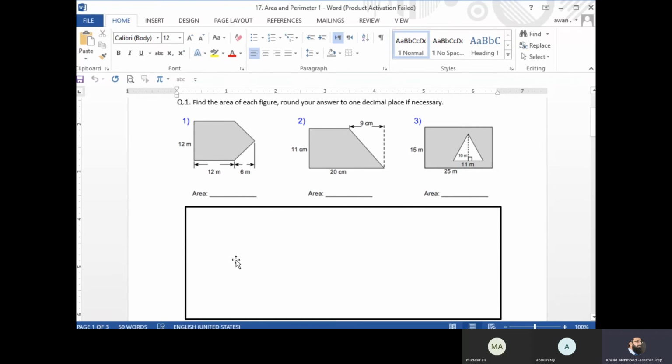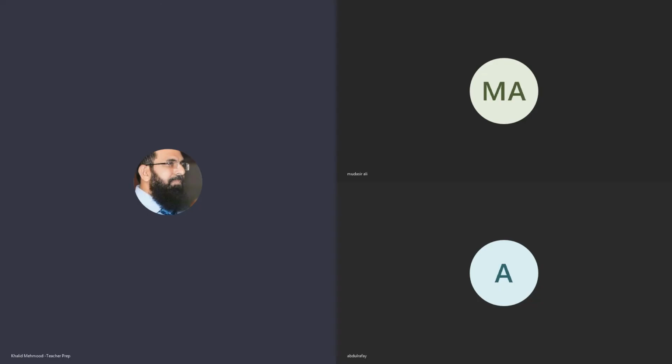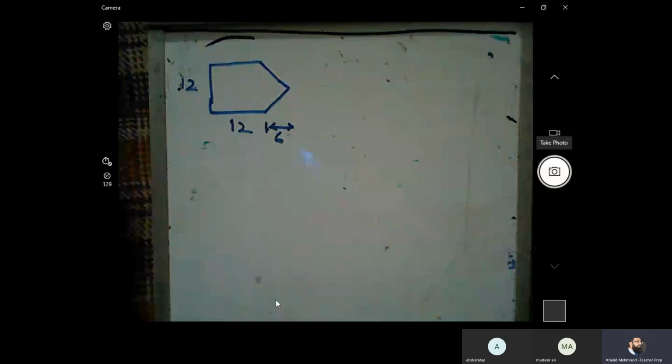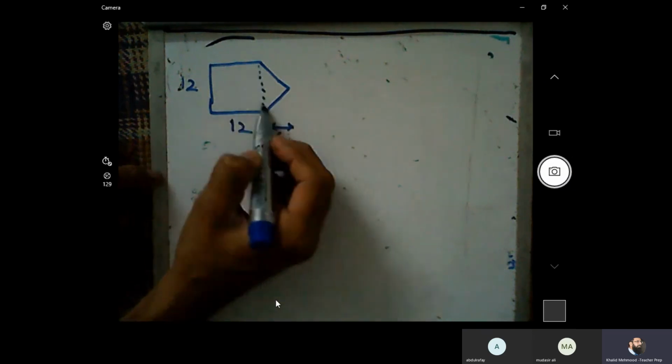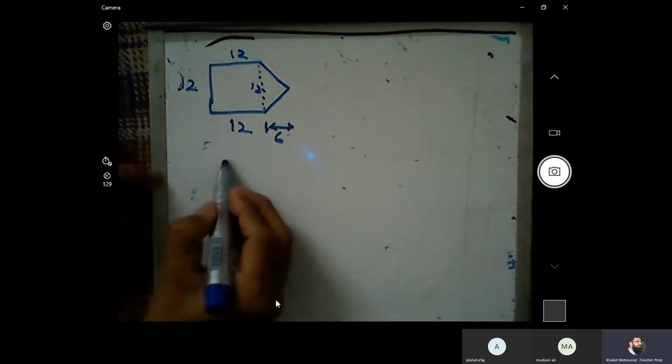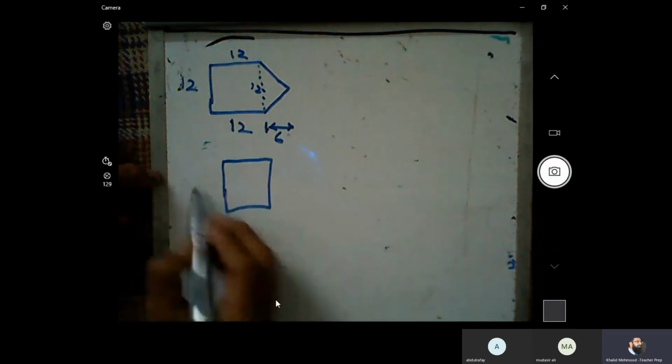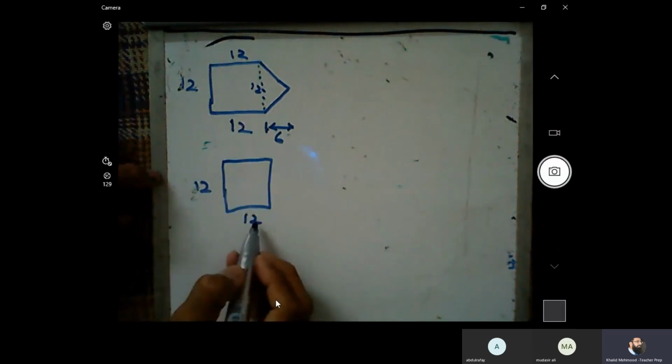Now let's see how we're doing it. We'll be looking at the board. I'm drawing it here again. This was the shape, and you can see if this is 12, the other side is also 12, and this is 12, this side is also 12. So this is a 12 by 12 square.